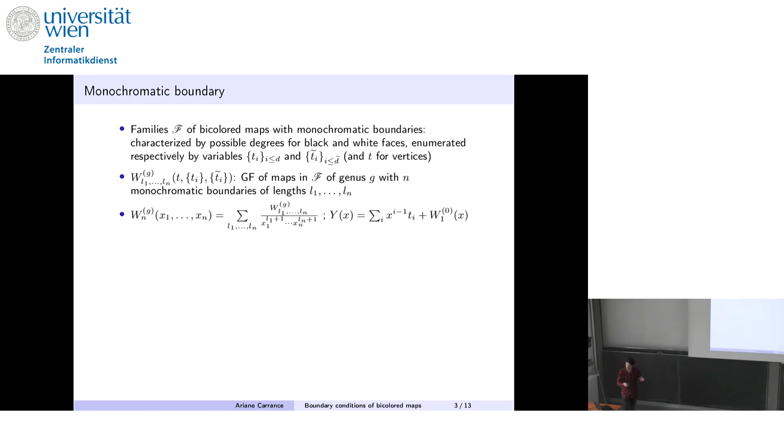And then I pack these generating functions into bigger ones in terms of variables that track these different boundaries. And for the disk, I define a slightly different generating function where I just add a polynomial that characterizes the possible degrees for the black faces.